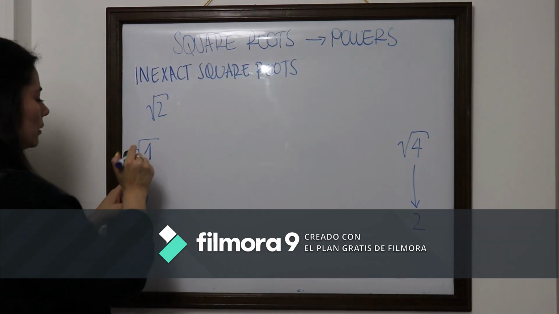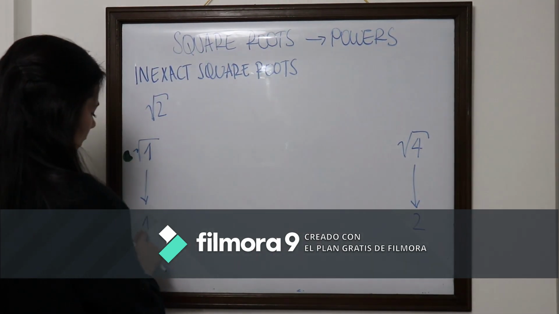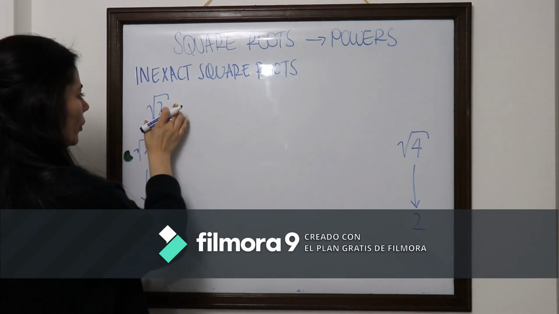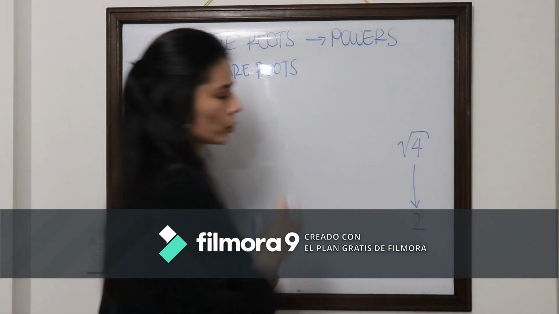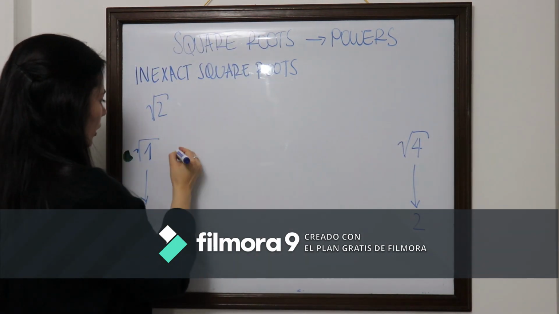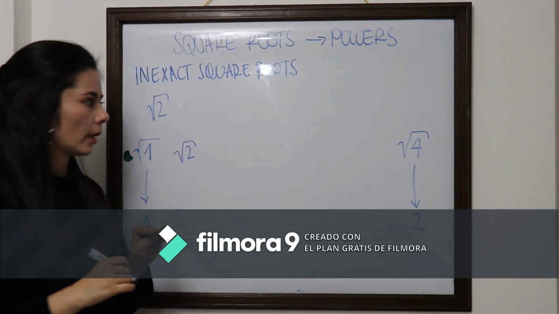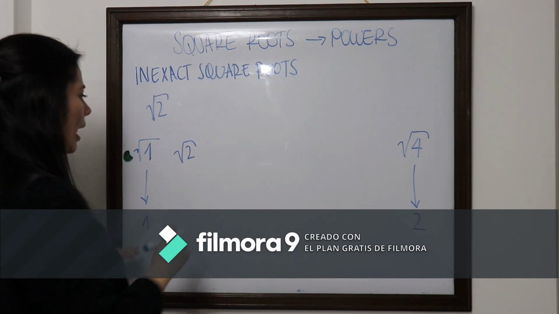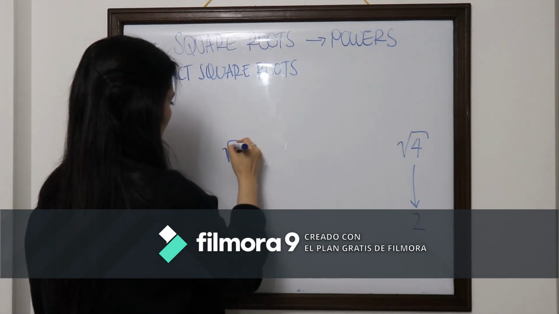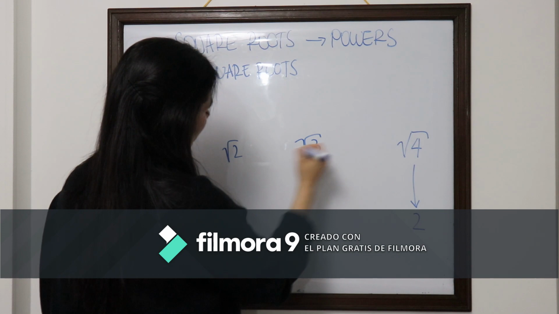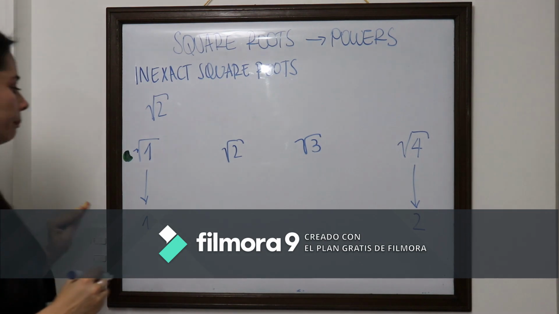So I know that between the square root of 1 and the square root of 4, it's the same distance from 1 to 2. Now, is the square root of 2 closer to the square root of 1, or closer to the square root of 4? Of course, it's way, way closer to the square root of 1. So we have to think about the square root of 3 as sort of equivalent distances to get to the square root of 4.